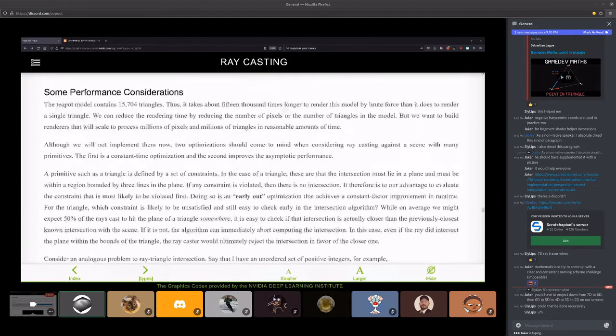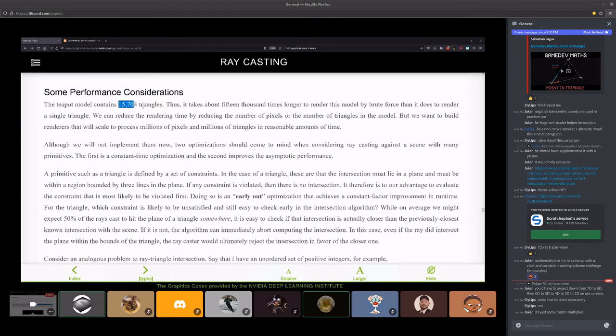Okay, so performance considerations. 15,000 triangles means 15,000 ray triangle intersections per pixel. That's a lot. We can simplify things by not rendering as big of an image or by not rendering as many triangles.